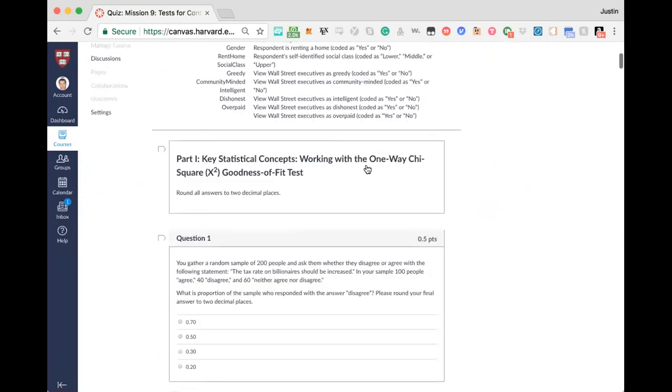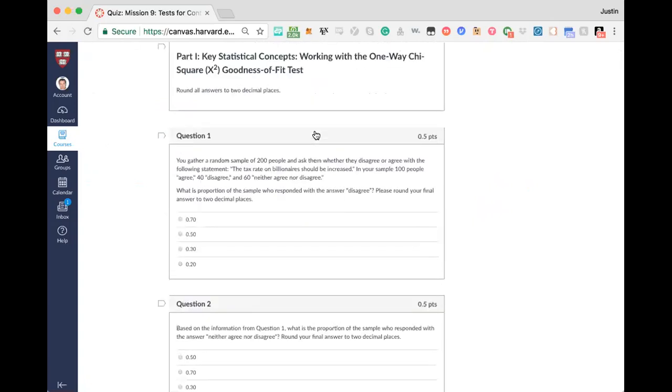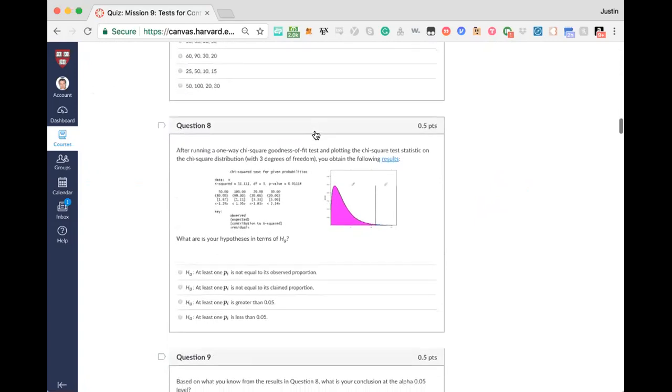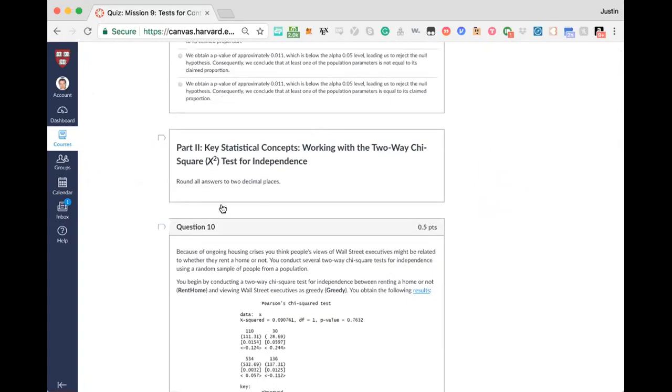So you can see the mission is separated into different categories. The first part is on working with the one-way chi-squared goodness of fit test. The second part is working with a two-way chi-squared test for independence.